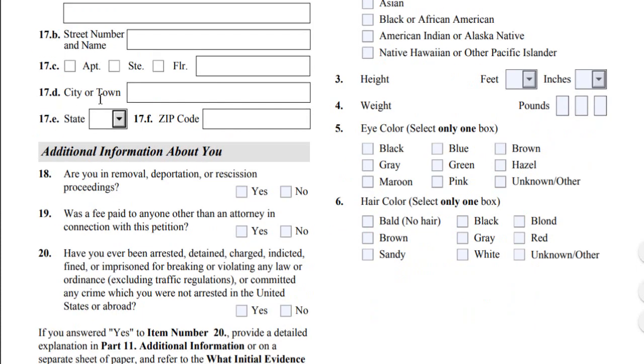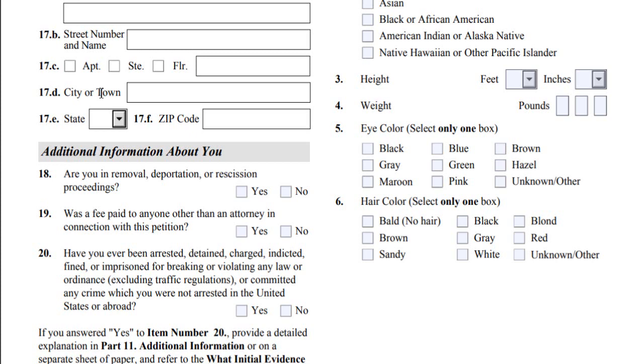For question number 18, additional information about you. You'll probably know if you are in a removal, deportation, or rescission proceeding. You'll be in a situation where you have been convicted of a crime, or USCIS has given a reason to believe that your marriage is fraudulent, or you have done something else to make you deportable from the United States.